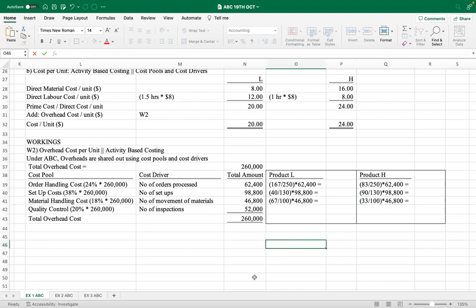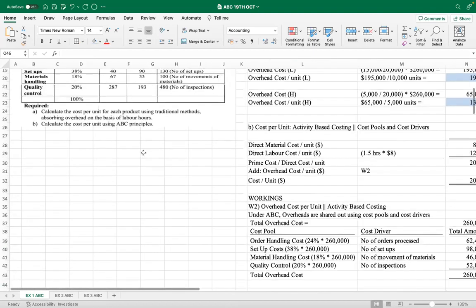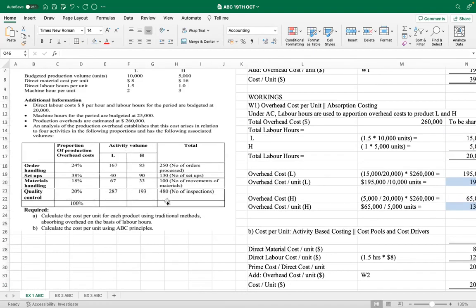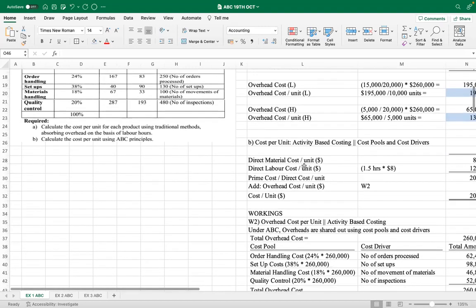And the last one is quality control, number of inspections, 287 and 193.